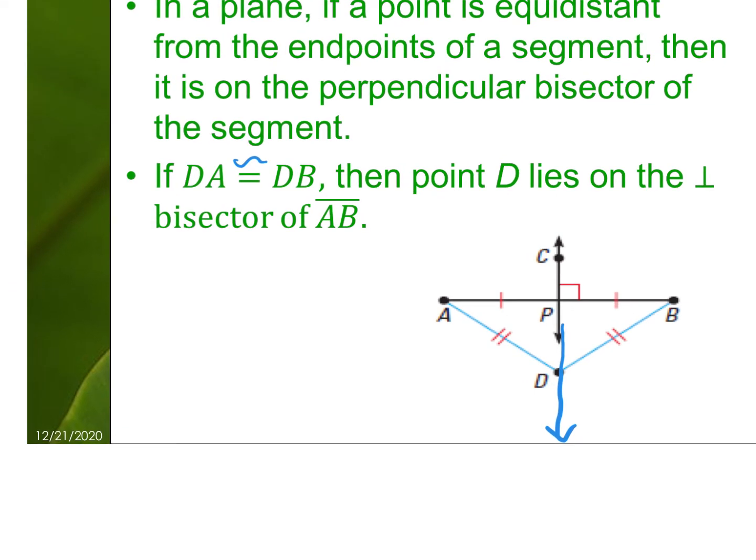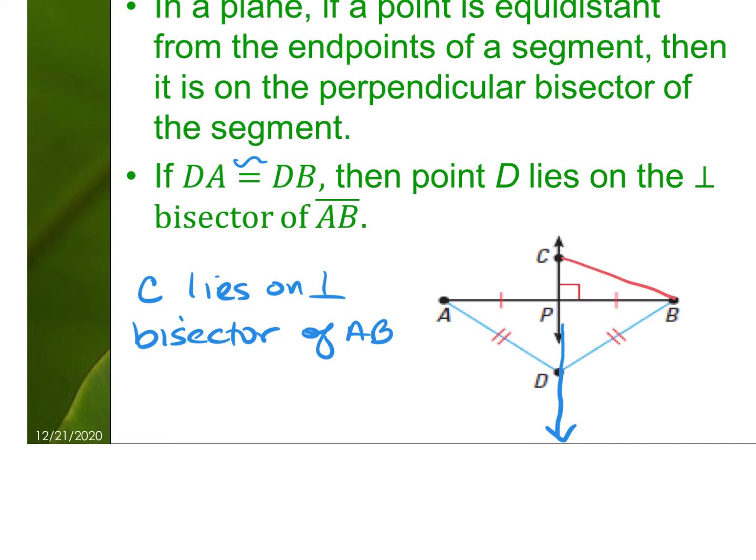I could say that point C lies on the perpendicular bisector of AB, and then what I could do is draw in the congruent segments to the endpoints since C is on that perpendicular bisector.